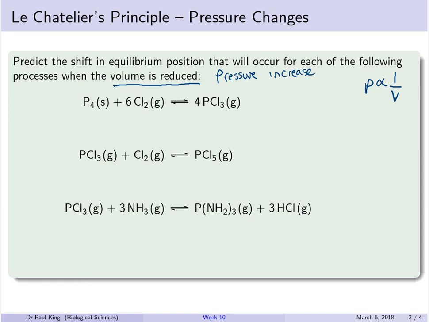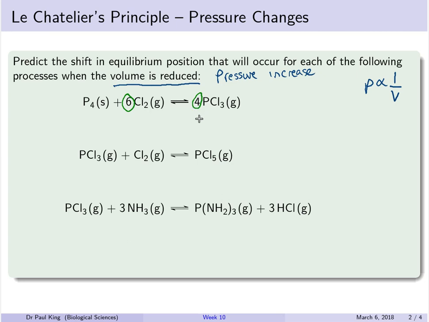Okay? So in order to understand how the equilibrium will shift, we need to look at the number of molecules in the gas phase on both the reactant and the product side. If we consider this first reaction, you can see that on the reactant side there are 6 molecules in the gas phase because P4 is a solid, and on the product side there are 4 molecules in the gas phase. So quite clearly there are more molecules in the gas phase on the reactant side than the product side.